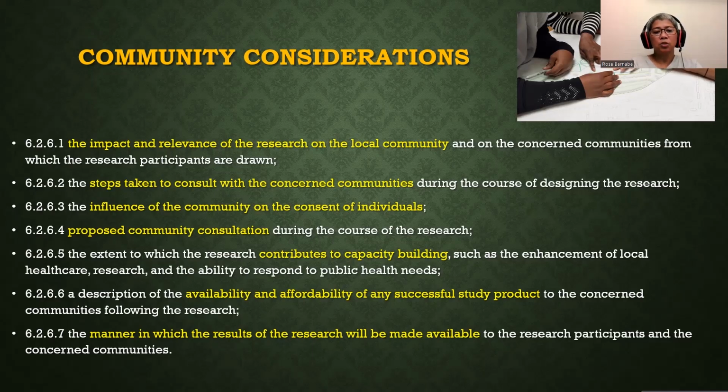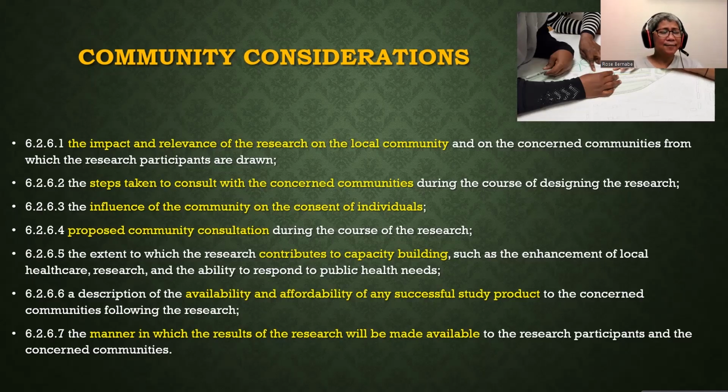Steps taken to consult with the concerned communities. So was there effort to ensure that the communities were heard, that their views were heard? And of course this can take many forms, whether in the form of community consultation, speaking with the chieftain, so on and so forth. Influence of the community on the consent of individuals.